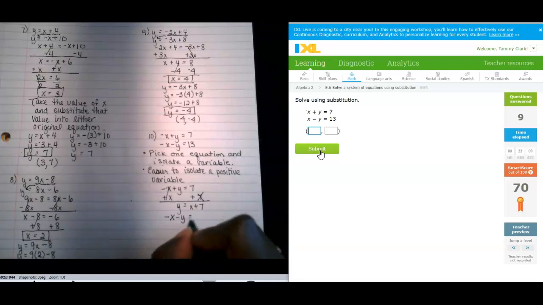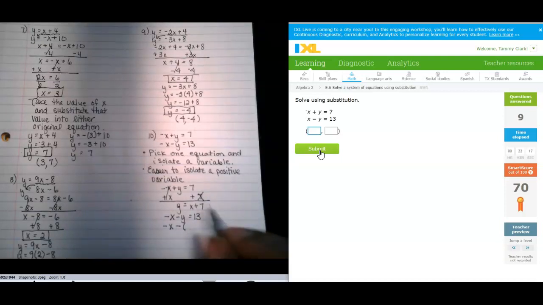So I've got negative x minus y equals 13. I go negative x minus, I'm going to substitute the expression for y, equals 13. Now remember, we've got to distribute this negative.